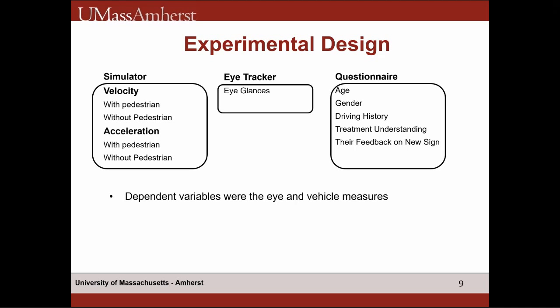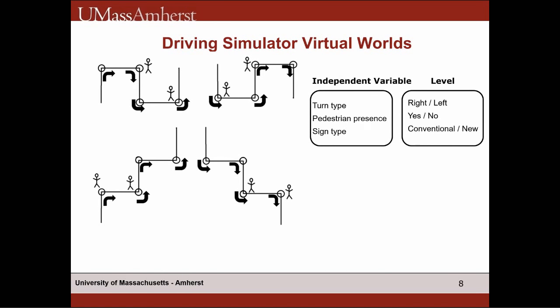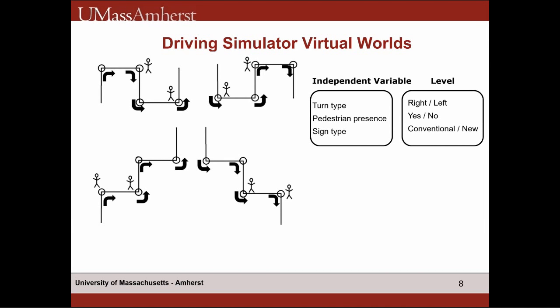The dependent variables were eye glances and also vehicle measures, because we wanted to see how we can improve their behavior. And I talked about the independent variables in the previous slide: the turn type, pedestrian or no pedestrian, and sign type.